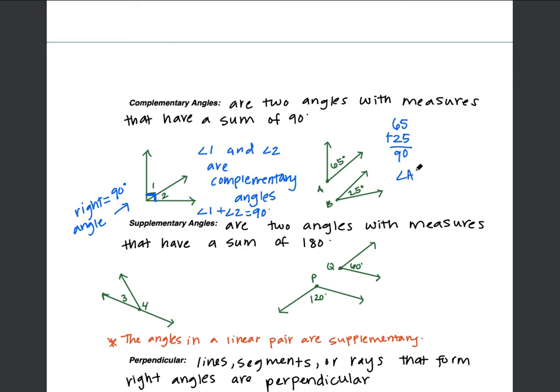I can say angle A and angle B are complementary angles. Okay? Complementary just means two angles add up to equal 90 degrees. Okay?